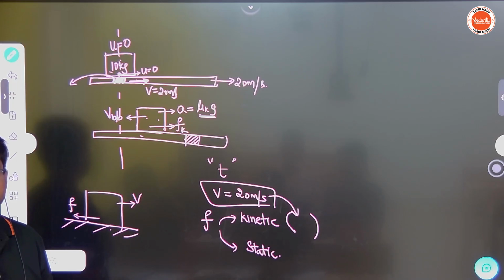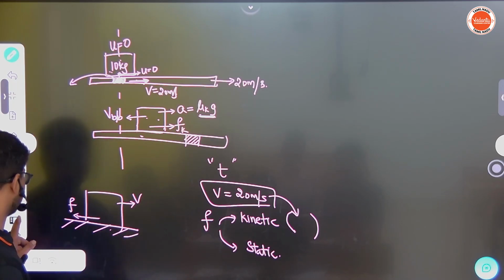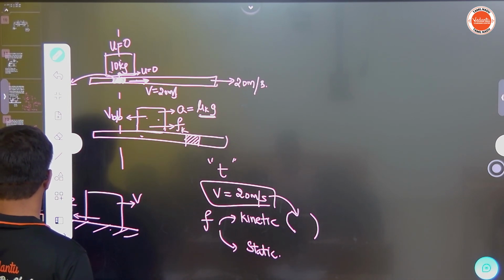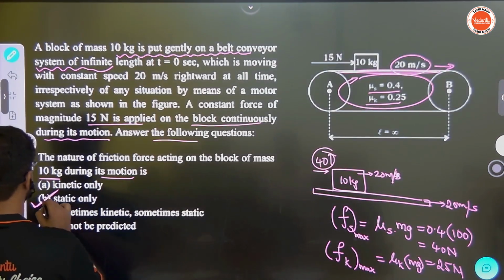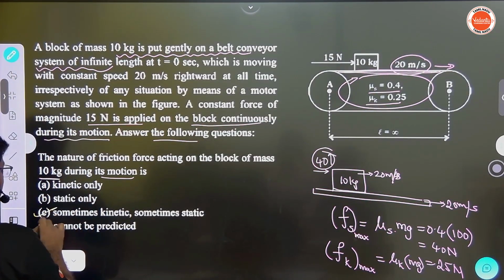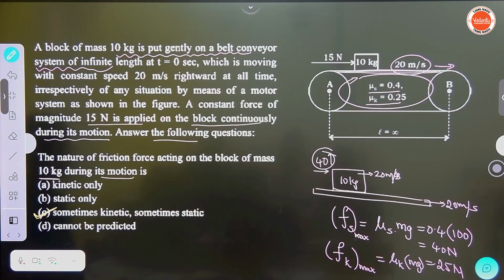Understood? Clear with this? Right. So the answer for this question is sometimes kinetic and sometimes static. Clear with this?